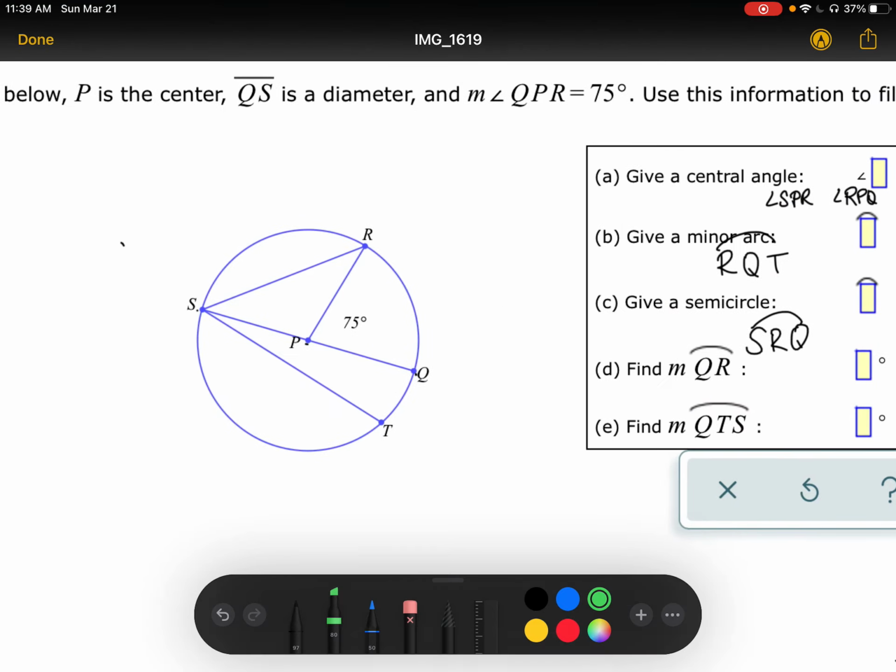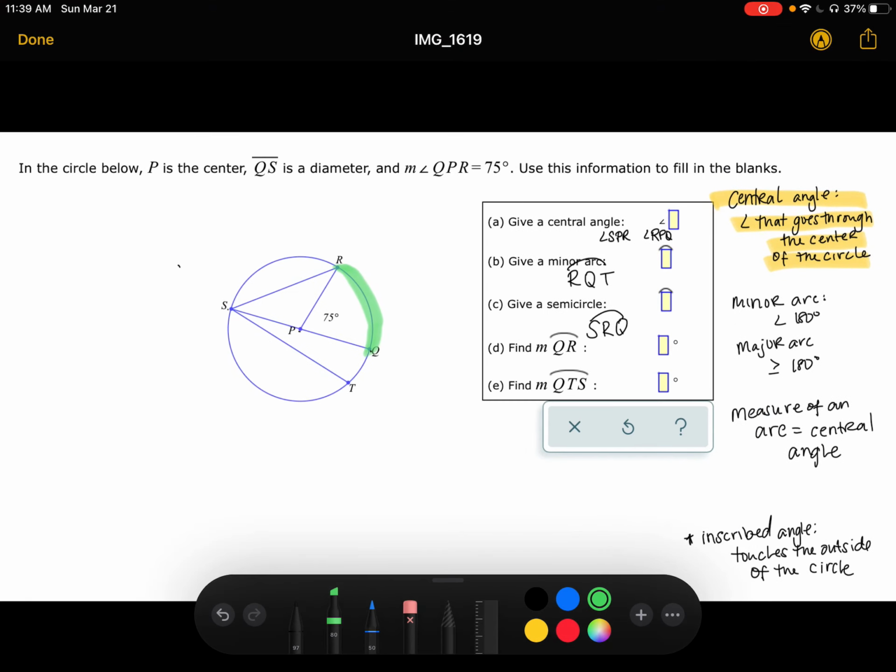So again, go in and identify QR. Okay? And then I have some notes on the side, and it says the measure of an arc is equal to the central angle. Sometimes you're going to have ones that come out and touch this side right here, but this question doesn't identify that. So this rule only applies if the arc ends at the center. So this has a point in the center.